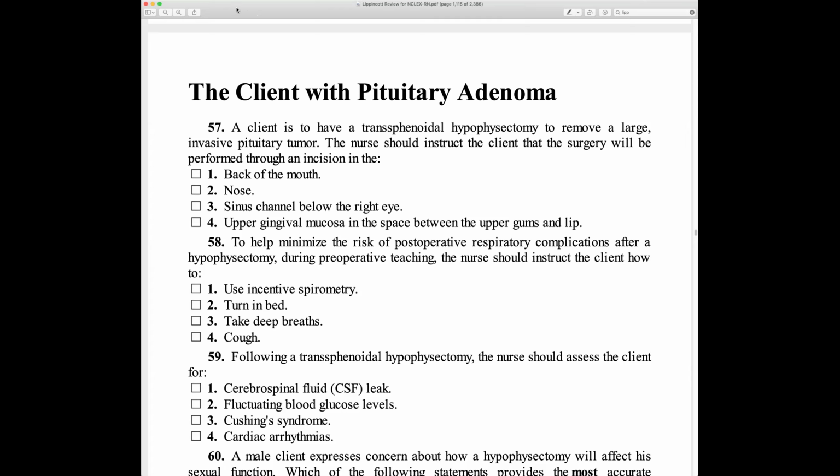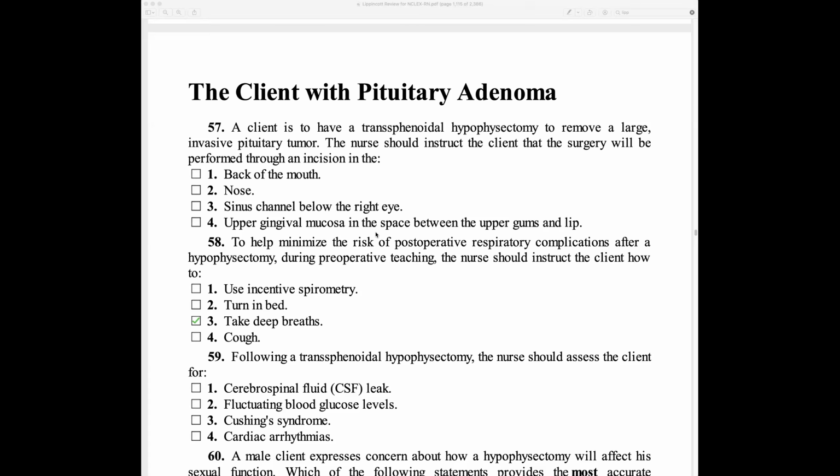Very good. The correct answer for 58 is 3. So let's talk about it. We want them to be taking deep breaths because we don't want them to get atelectasis post-op, right? So deep breathing is the best choice to help prevent atelectasis. The client should be placed in the semi-Fowler's position or what the doctor has prescribed and taught deep breathing and how to avoid coughing, okay?